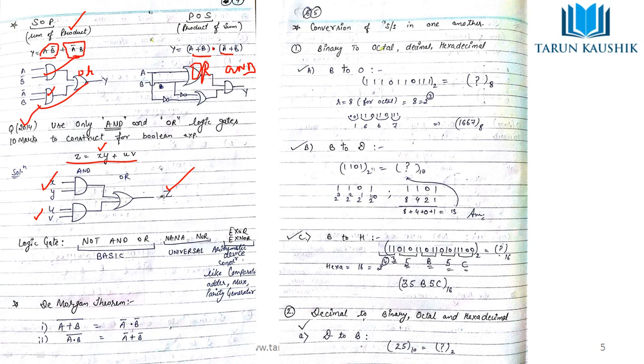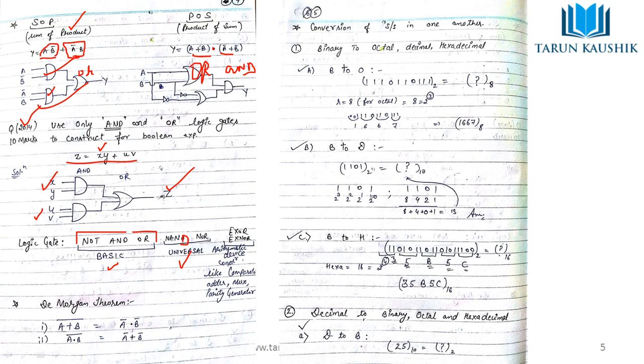So about logic gates, we have studied 7 logic gates so far: NOT, AND, OR, NAND, NOR, XOR, XNOR. These first three, NOT, AND and OR, are called basic logic gates. NAND and NOR are called universal gates because we can construct any kind of logic gate by using these two gates.